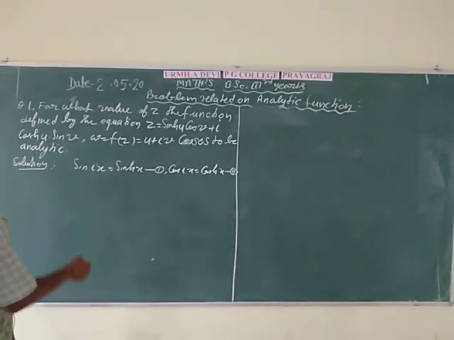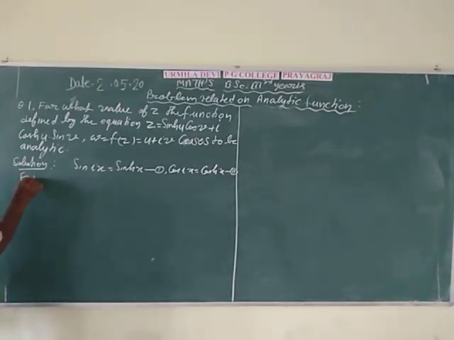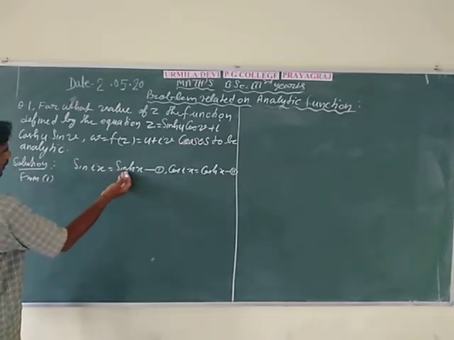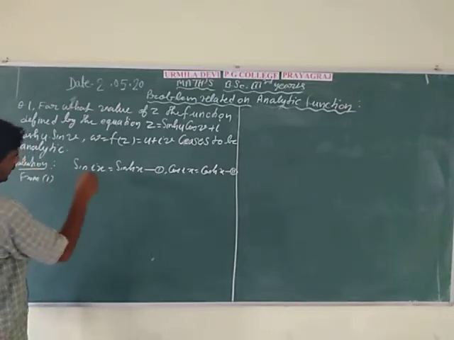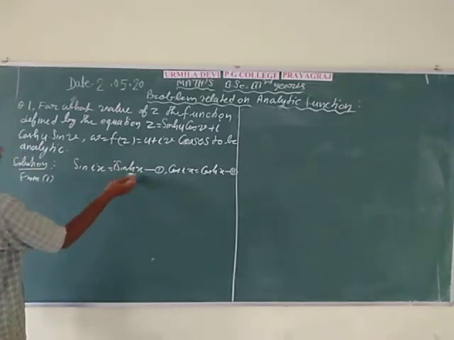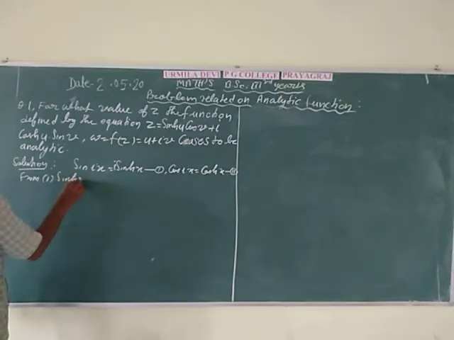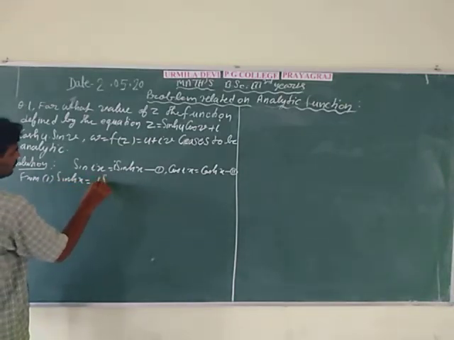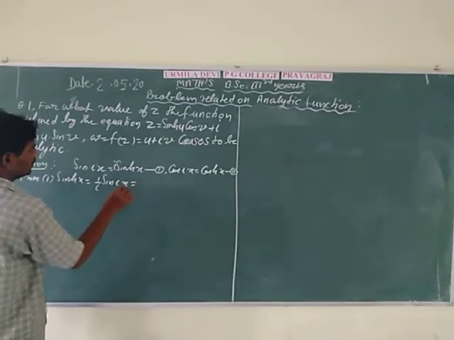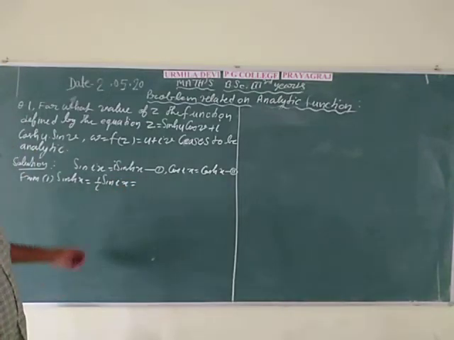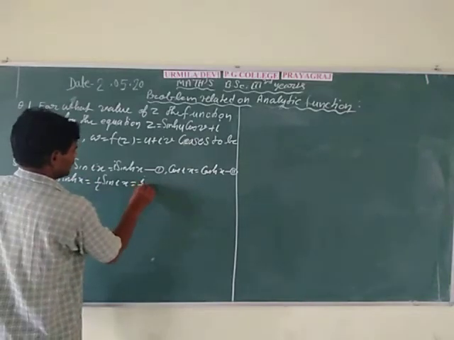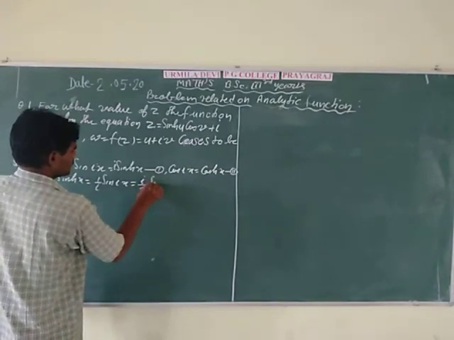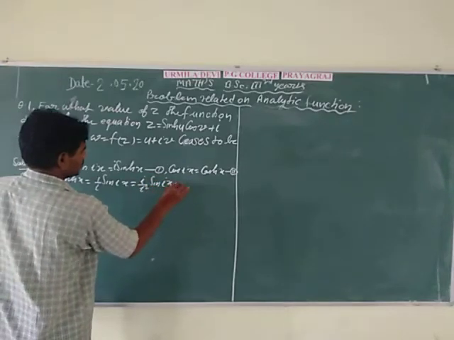Therefore, from the first formula, sin ix = i sinh x. So sinh x = (1/i) sin ix. Multiplying numerator and denominator by i gives i/i² sin ix.